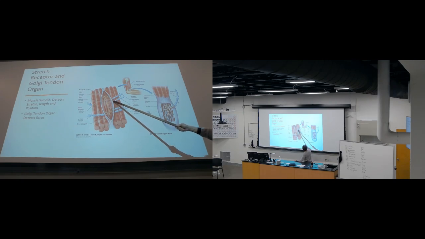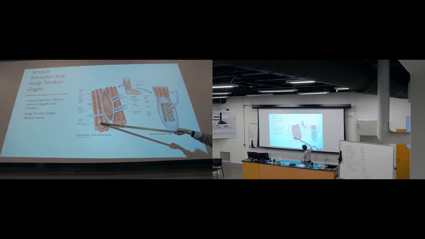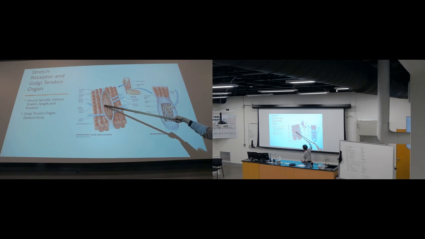We have primary afferent and secondary afferent neurons. They detect the stretch of this muscle and send that information into the spinal cord, and the spinal cord sends back a response with an alpha motor neuron that connects into these fibers. These are what we call intrafusal fibers, because they're located inside this muscle spindle. This is the capsule. And then we have extrafusal fibers. And then you can adjust the contraction of this muscle.